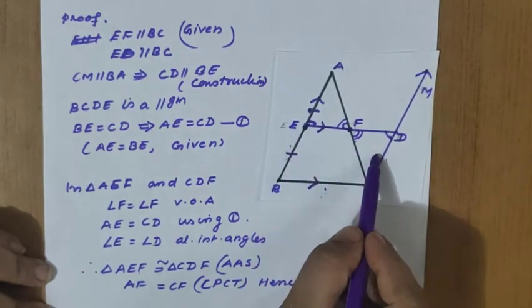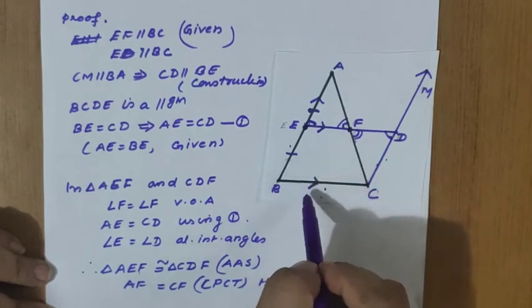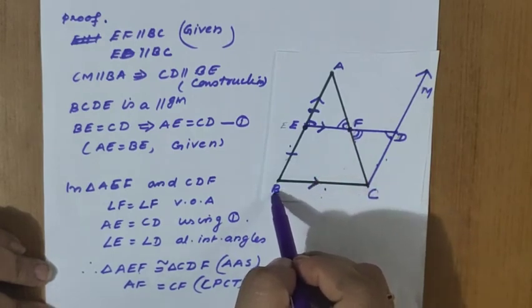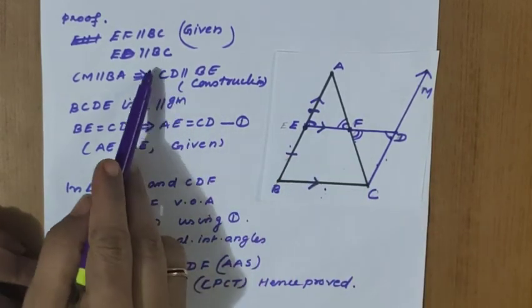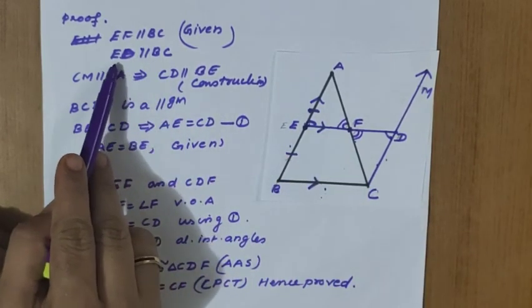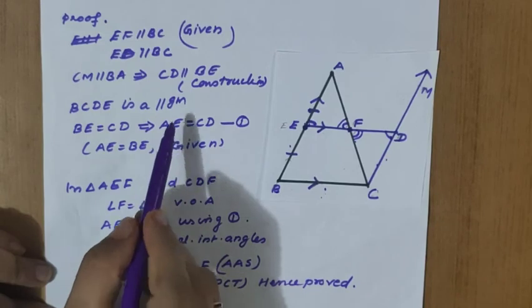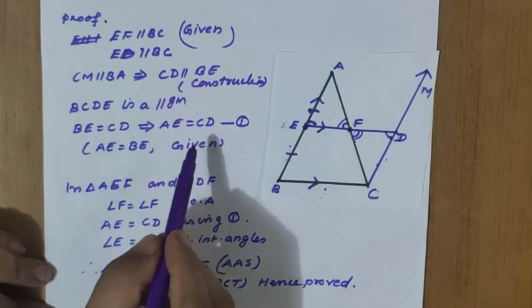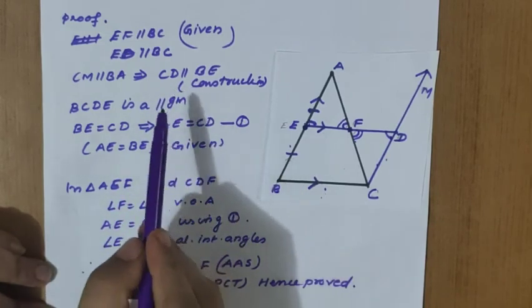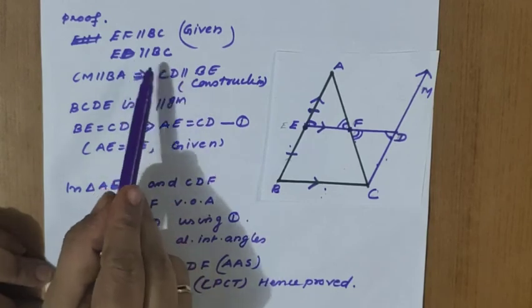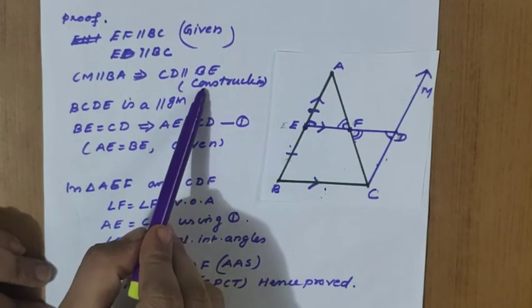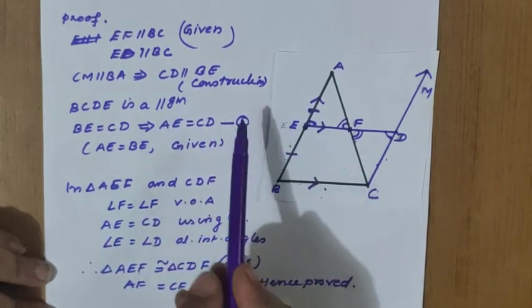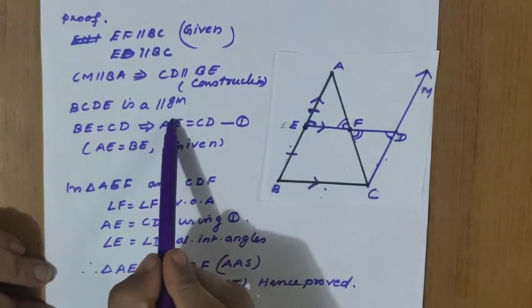So two pairs of opposite sides are parallel here. What is the conclusion? BCDE is a parallelogram. Check here: BC parallel to ED we got, then BE parallel to CD we got. So two pairs of opposite sides are parallel. The reason is different: for the first step it is given, for the second step it is construction. So by this result we got that it's a parallelogram.